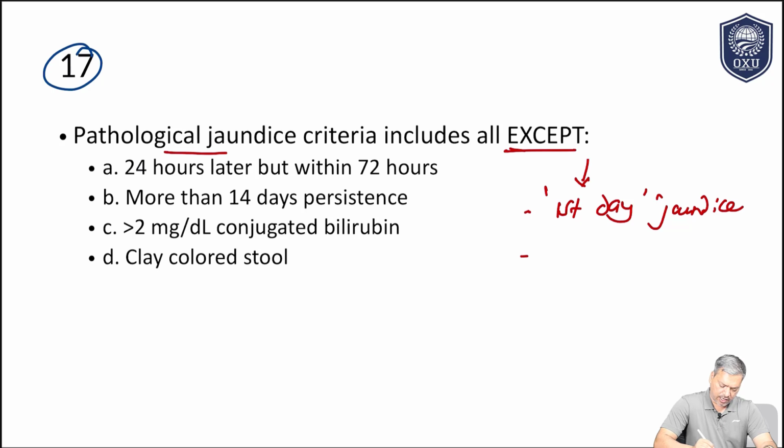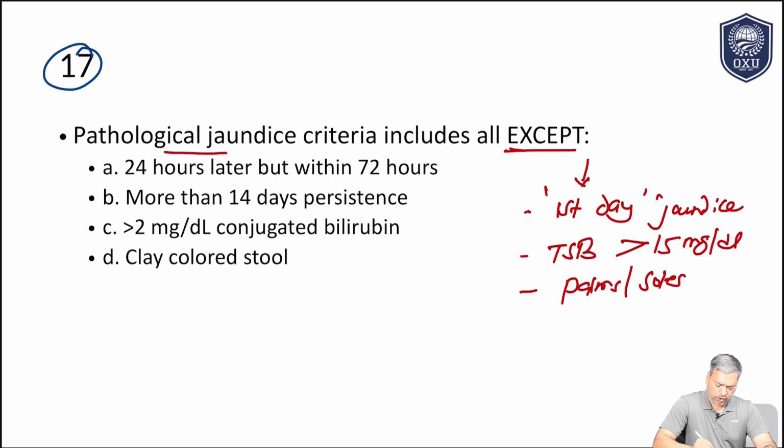Second, if the level of TSB exceeds 15 milligram per deciliter on any day of life, it is always pathological. When it reaches the palms and soles, when palms and soles become yellow, then also it is pathological.